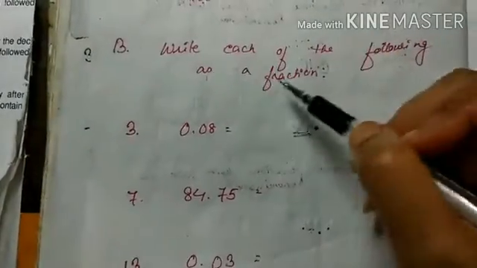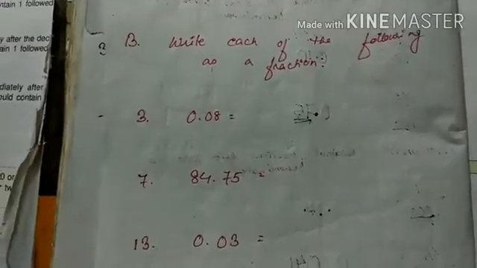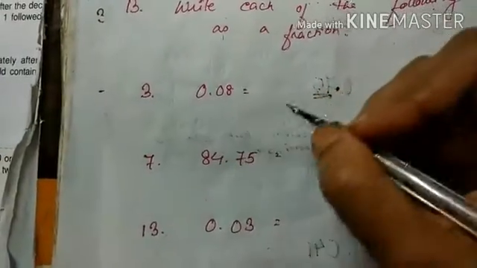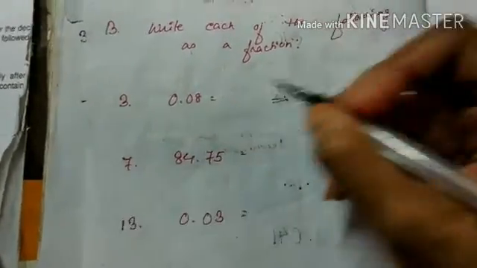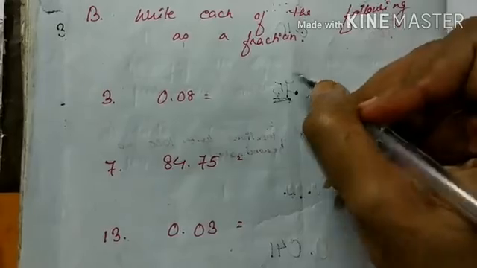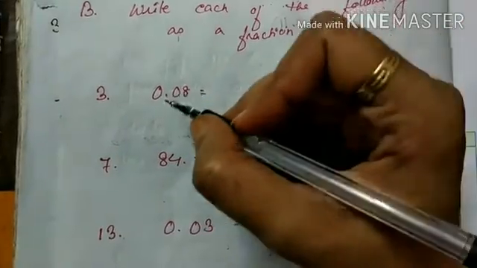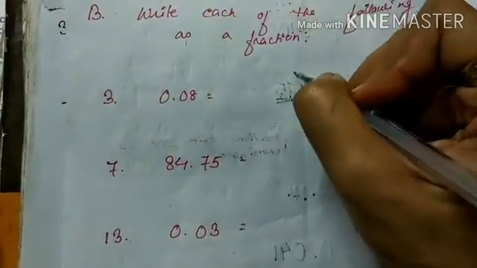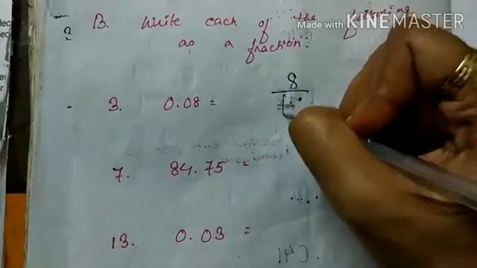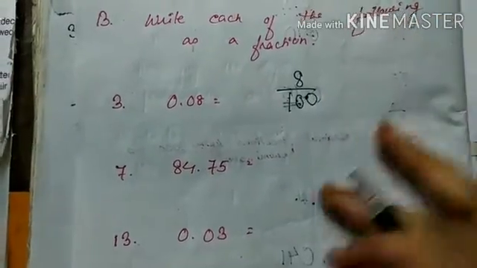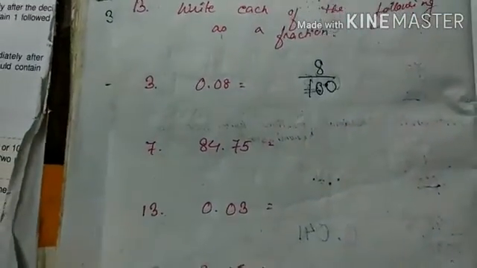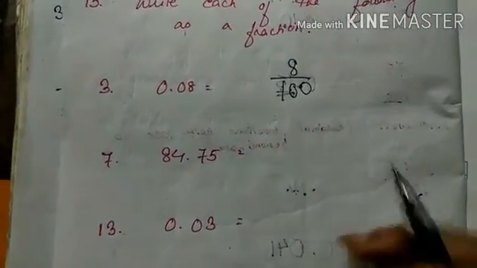Now write each of the following as a fraction. You have to write the fraction. Here is 0.08, 2 places of decimal, so 8 by 100. For 2 places, 100; for 1 place, 10; and for 3 places, 1000.